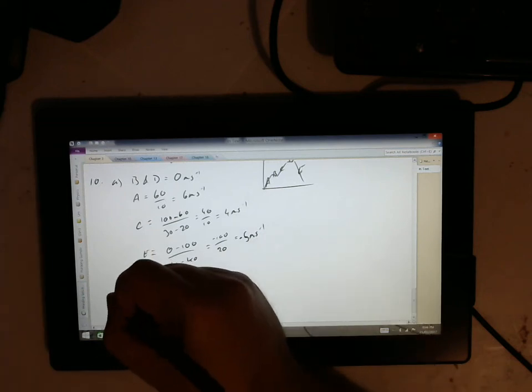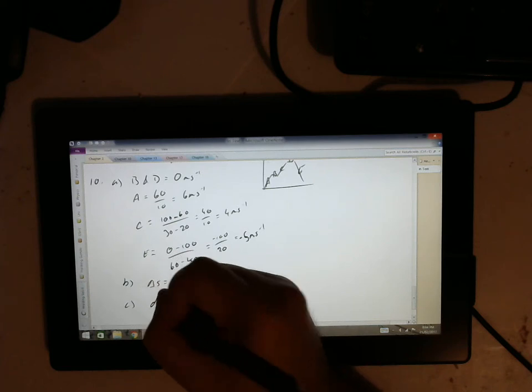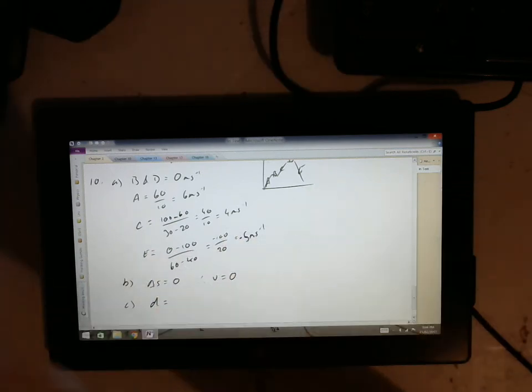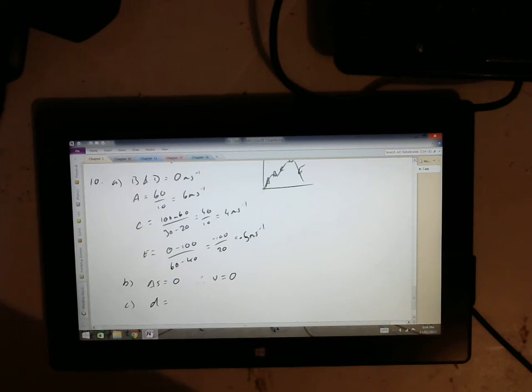Last bit, we want speed. And speed is distance over time, so we need to work out distance. So if we have a look at his graph, in section A he starts at 0, goes to 60, then he waits. Then in section C he goes from 60 up to 100, then he waits. And then he goes from 100 back down, so he's gone away 100, yeah, he did it in 2 sections. The waiting doesn't matter. He went away 100, then he came back 100.